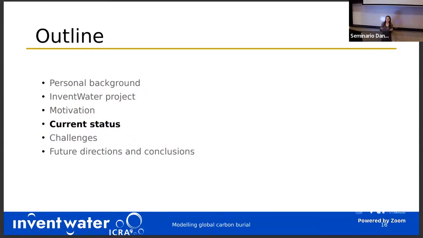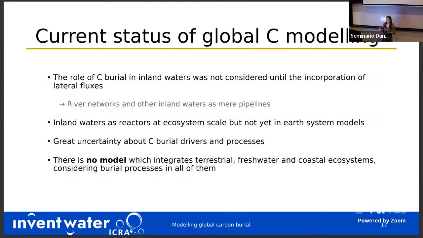So what is happening now with global carbon modeling? First I wanted to mention that the actual role of carbon burial in inland water was not considered until lateral fluxes were incorporated, so the connection between these ecosystems. And even now that some of them incorporate them, river networks and other inland waters normally are seen as mere pipelines.